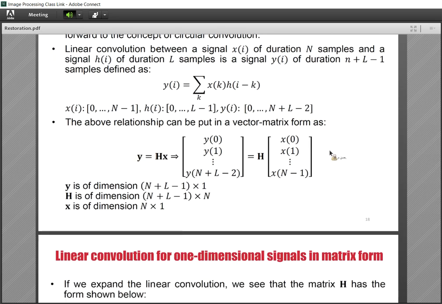We can also write it in vector format: y is Hx, where y runs from 0 to n plus L minus 2, and x is from x(0) to x(n minus 1), with H the convolution matrix.